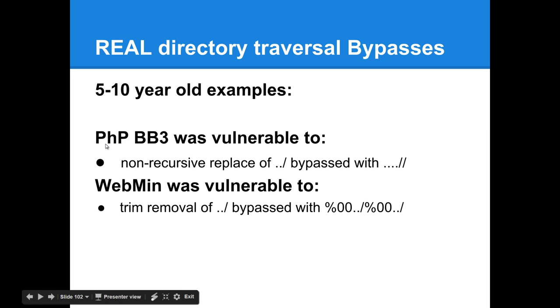Here are some old examples. phpBB3 in the past was vulnerable: their filters filtered out the .. combination, and the bypass to get around it would be to have a doubled-up sequence, so the middle .. gets filtered out, and then the remainder is concatenated together still to be .. left over, and that's passed to the web server or passed to the rest of the code running PHP to access a resource, and allowed for directory traversal and accessing files that shouldn't be accessed.